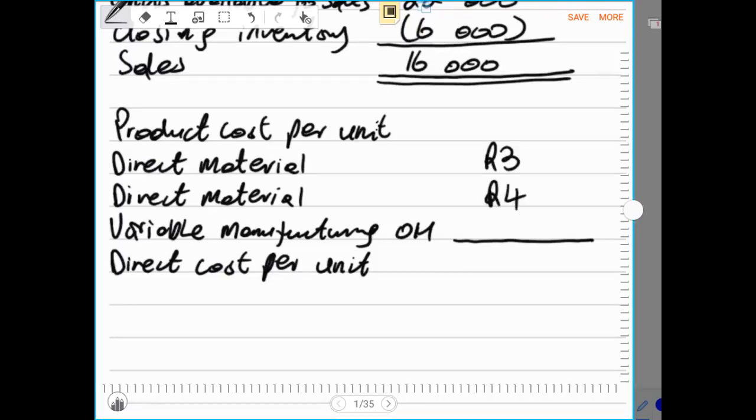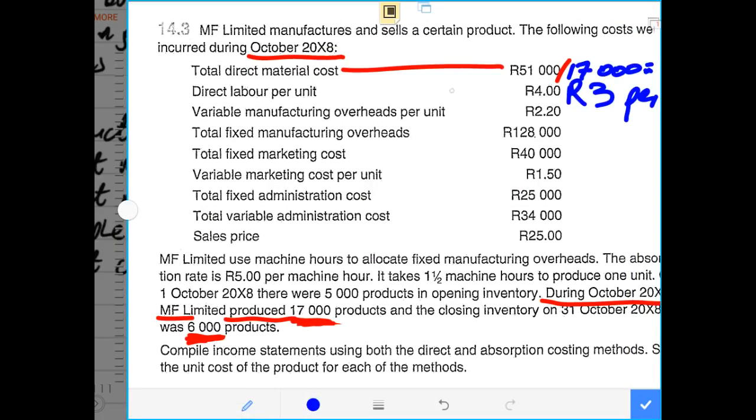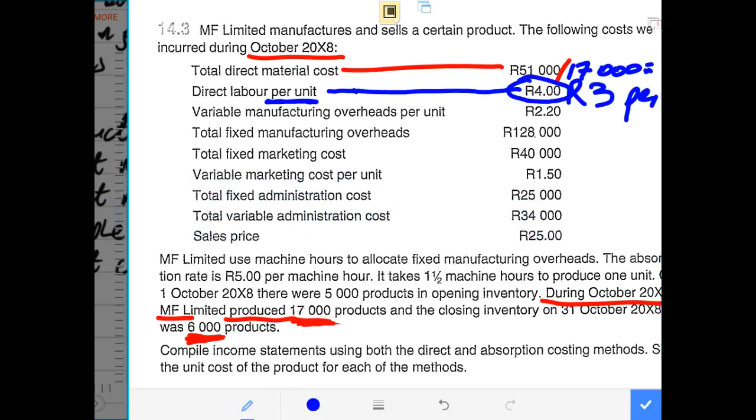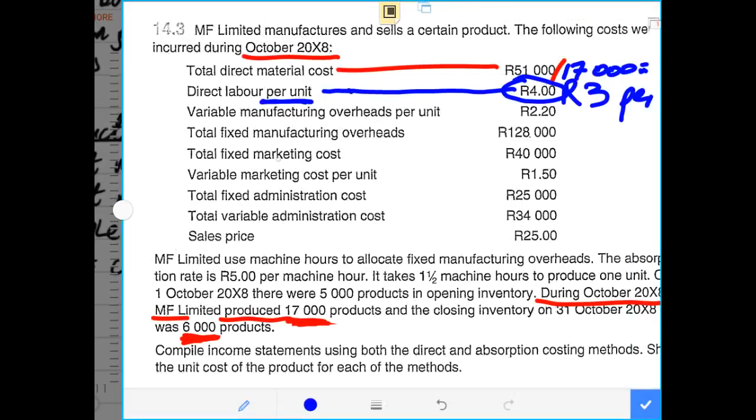And we know that our direct labor was already given as direct labor per unit. Take note, it's already per unit. We don't have to convert. Therefore, that will be exactly 4 rand, because we are calculating product cost per unit. We need everything to be per unit. Then now we have to check our variable manufacturing overhead cost per unit, and it was already given to us as per unit.